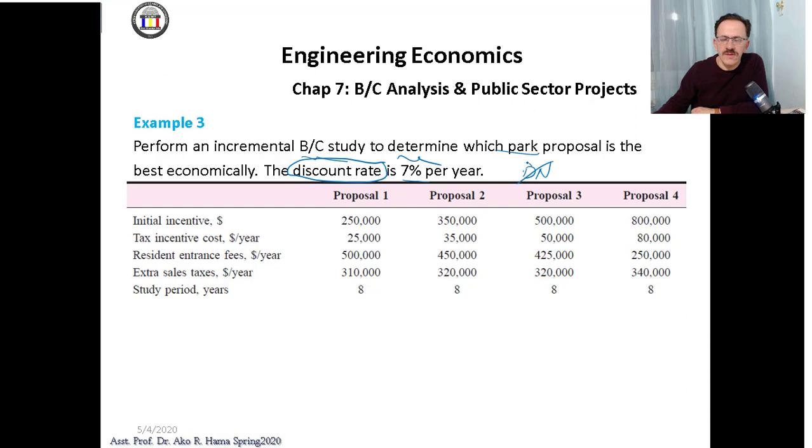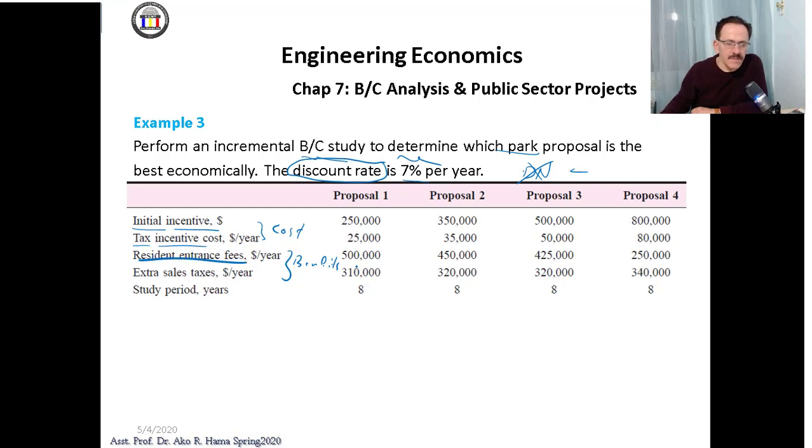This is first. The second important thing that we have to compare is the initial incentive and the tax incentives cost. These are 2 things that are costs. This is our benefits, and we have to be aware.